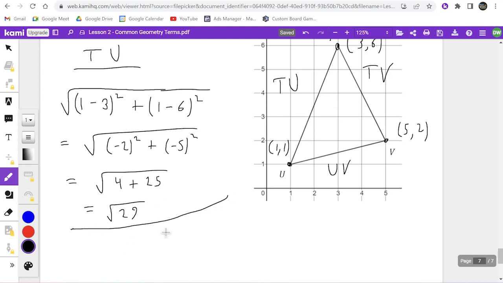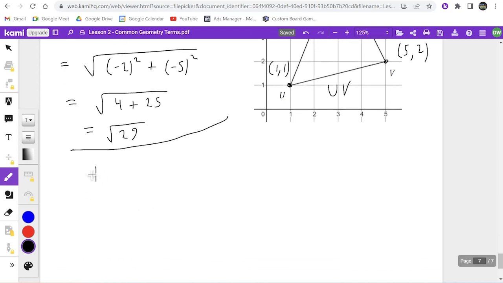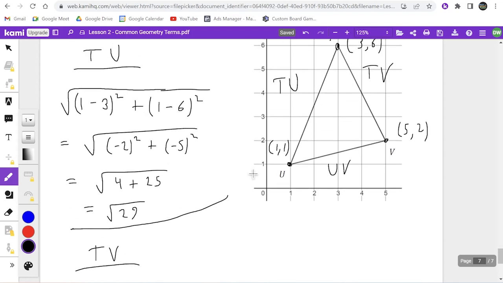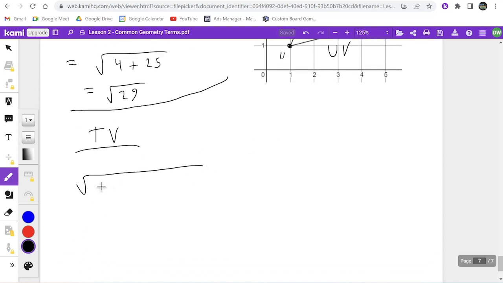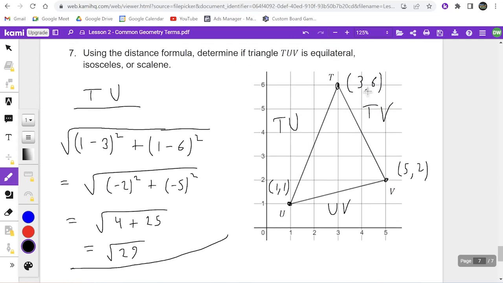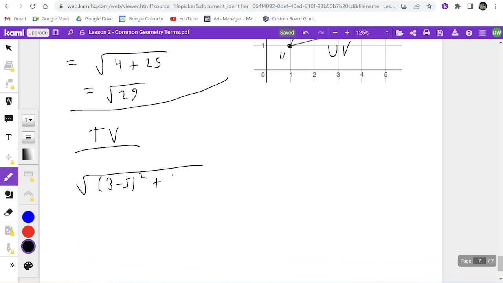So next, doesn't matter the order, next I will find TV. So for TV, x1 is 3, x2 is 5, so it's the square root of 3 minus 5 squared, plus, then the y values are 6 minus 2 squared.